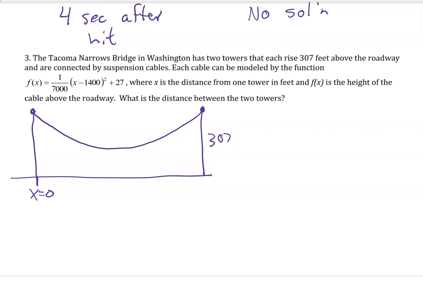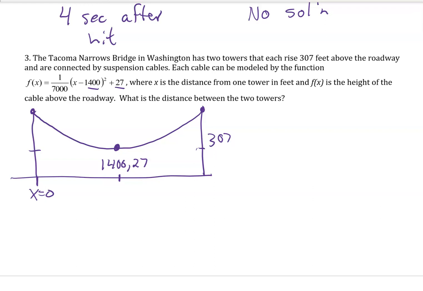Now we have a little advantage here. This equation is written in vertex form. So we know that the vertex of this parabola is (1400, 27). X equals 1400. And the height is 27 feet above the ground. So this isn't to scale. But what do we really know then?